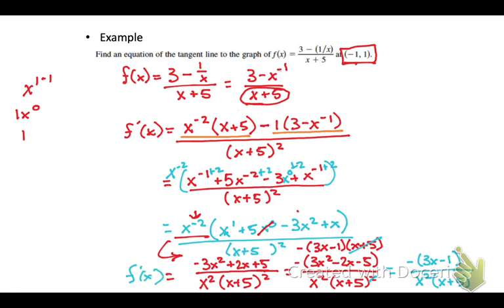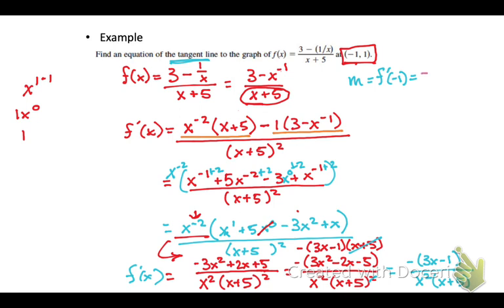We don't have to do both. We just need to do the x, right? It wants the equation of the tangent line, so we have to find the slope. So m equals f prime at negative 1. So we plug in negative 1.